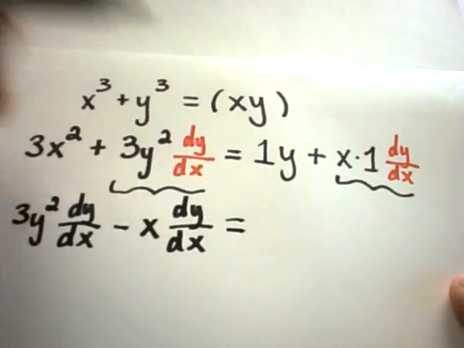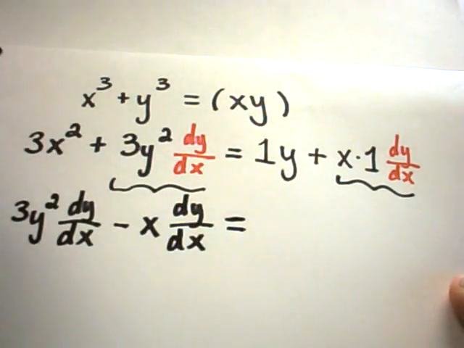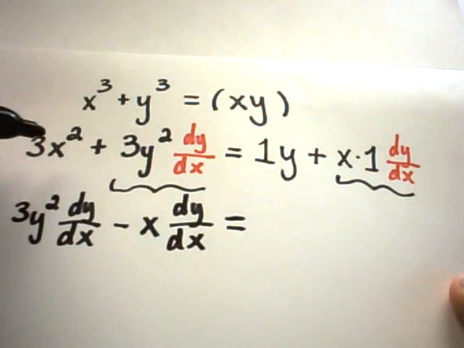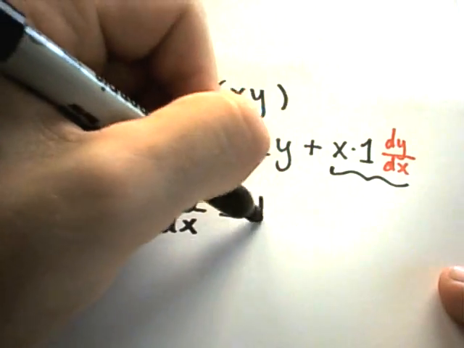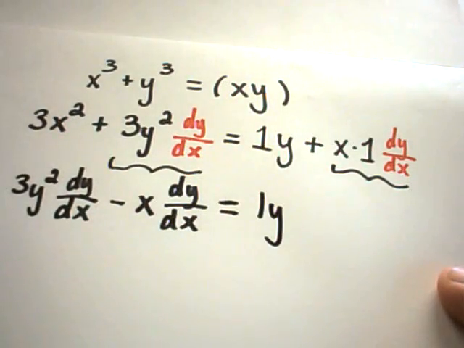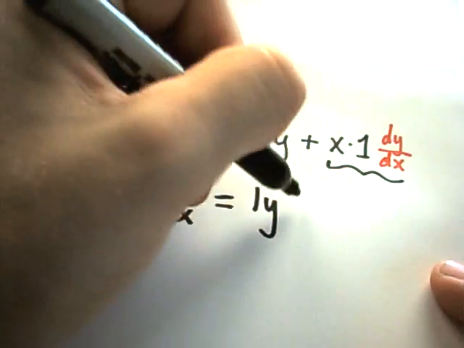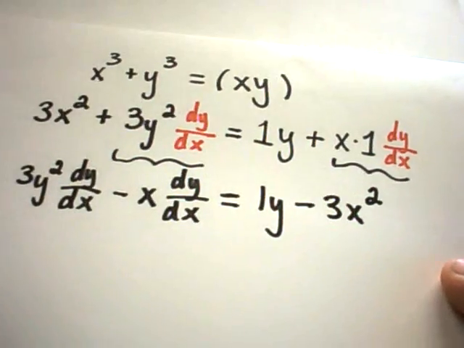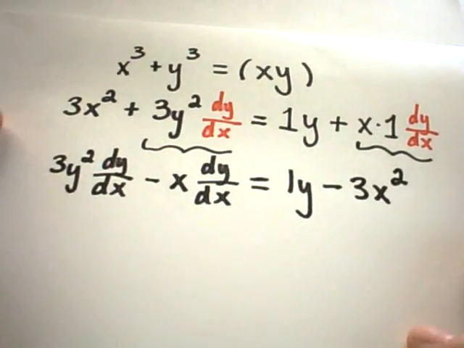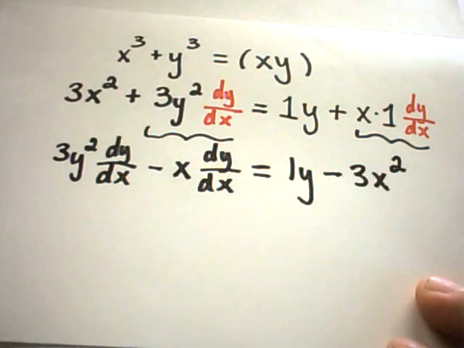And on the right side, I'm just going to get everything that doesn't have a dy dx attached to it. So my 1y is still just hanging out there like it was before. And now I'm going to have to move the 3x squared term over to the right by subtracting it. So minus 3x squared.